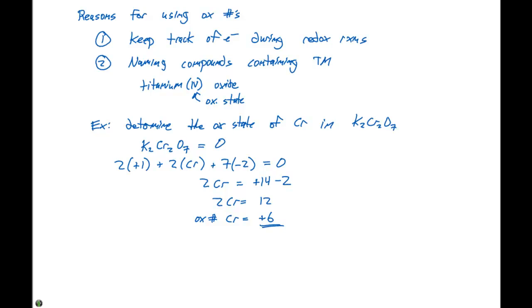We now need to keep track of some of these examples during redox reactions, and we can actually identify which species is being oxidized and which one's being reduced. So for example, we can analyze the following reaction: 2 Mg solid plus O2 gas, giving us 2 MgO as a solid.